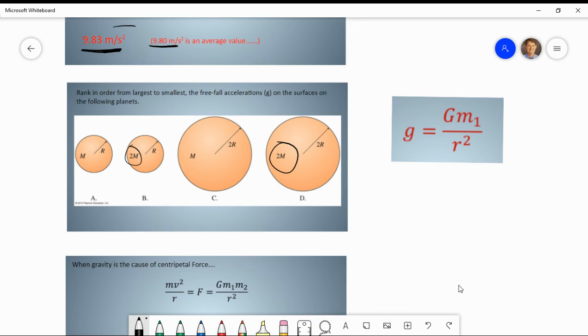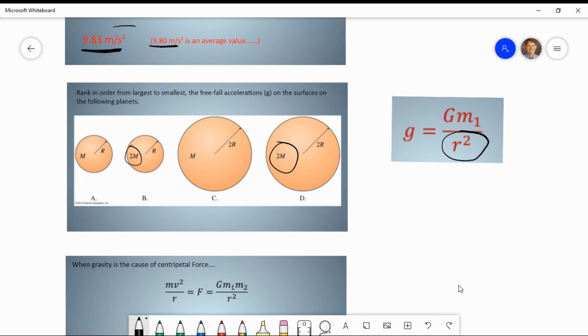I also know that it goes with the inverse square of the radius. So acceleration due to gravity is directly proportional to the inverse radius squared. That means the bigger the radius, the less acceleration due to gravity I'm going to have, which makes sense, right? There's going to be less force acting on an object if it's farther away.